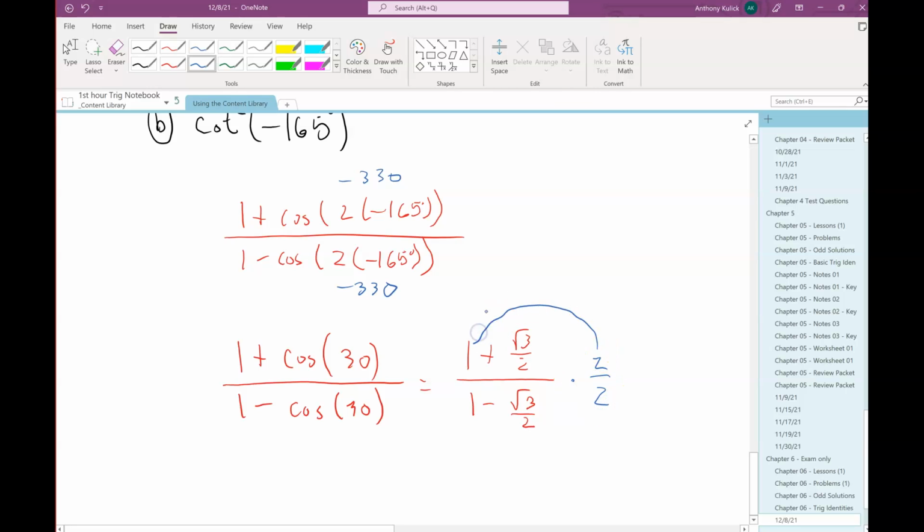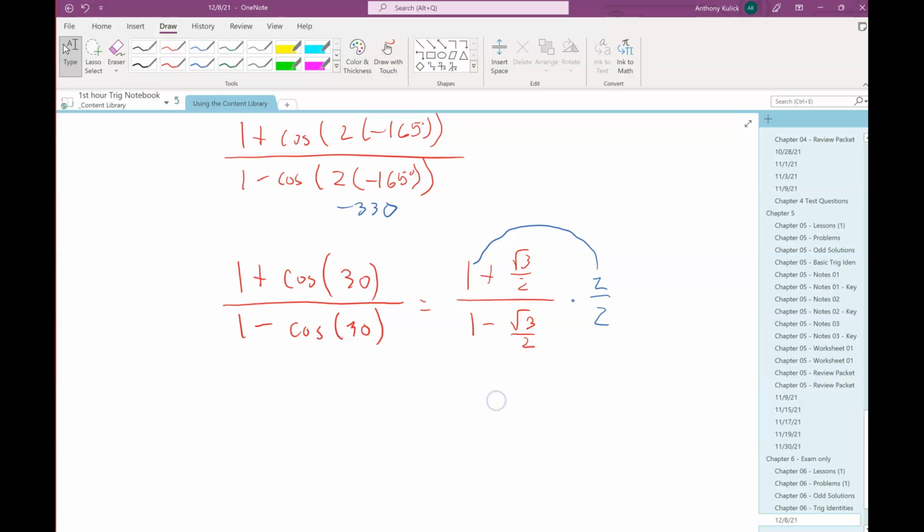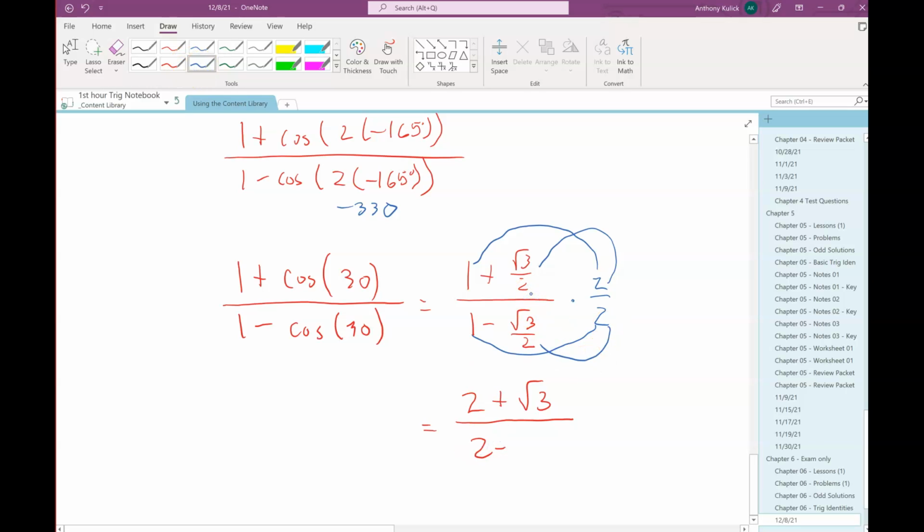So when I multiply 2 times 1, I get 2. When I multiply 2 times root 3 over 2, the 2's cancel, and I'm left with just the root 3. 2 times 1 is 2. And I multiply 2 times root 3 over 2. The 2's cancel, and I'm left with just root 3. So far, so good?